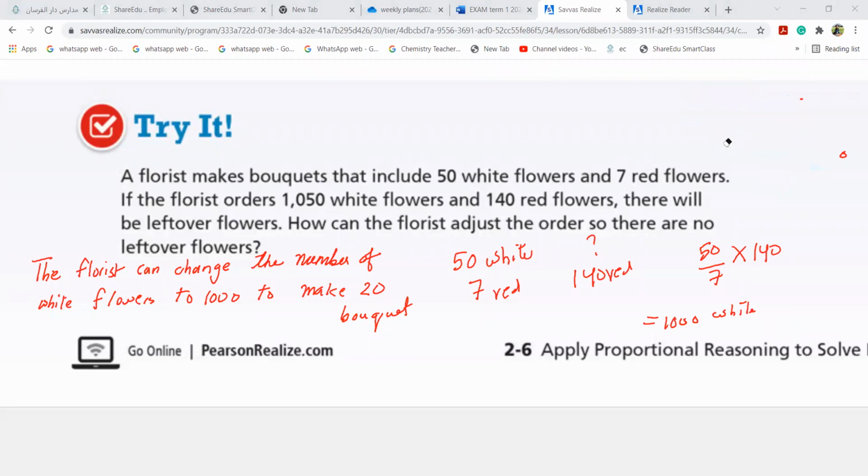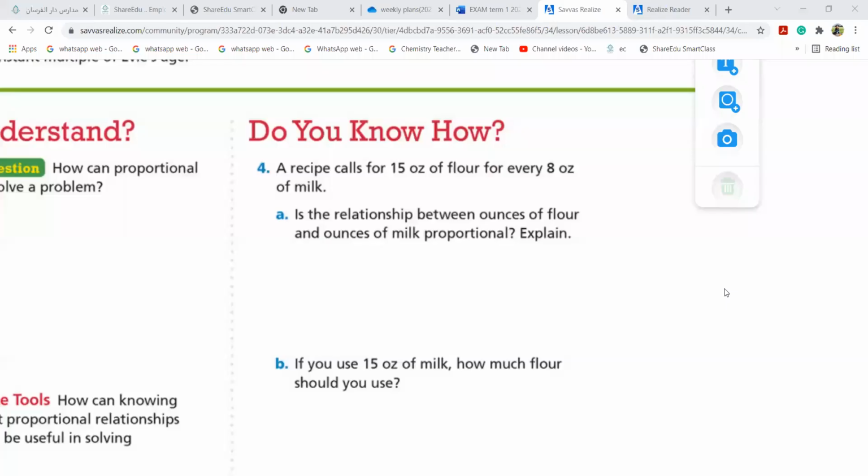If you have not written, leave it, girls. I'll just come back. Malak and Ghalia, give me 5 minutes.